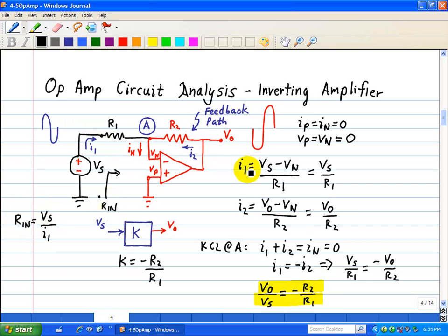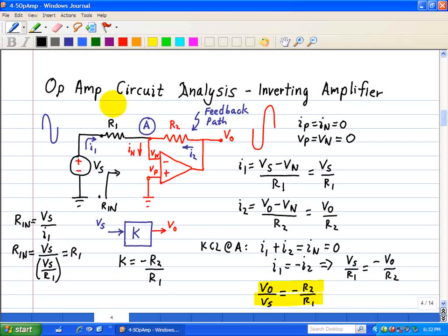But we calculated I1 in here, which is just Vs over R1, so Rin is equal to R1 shown in this circuit.